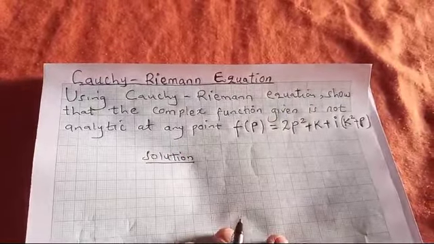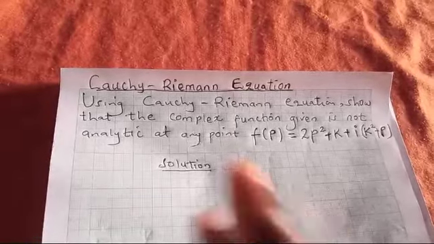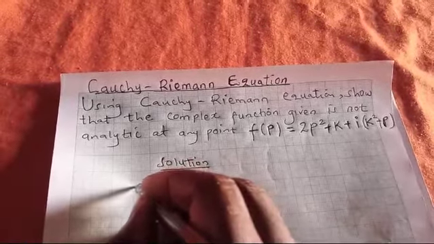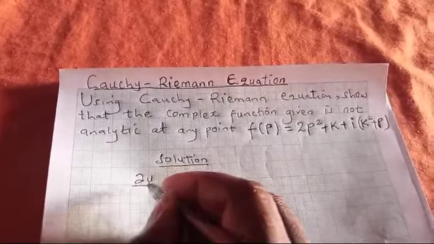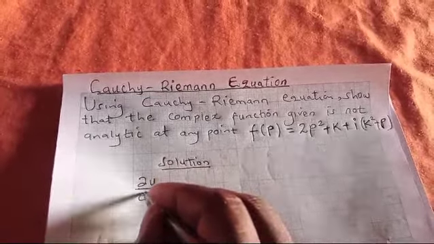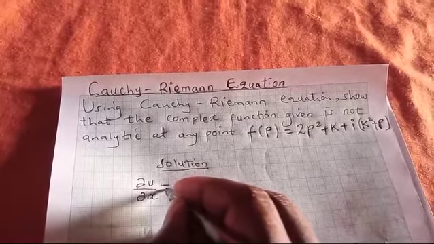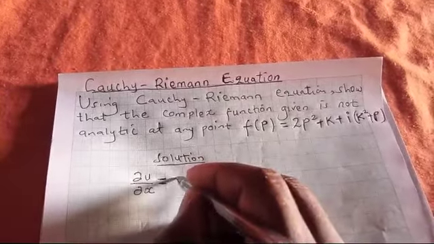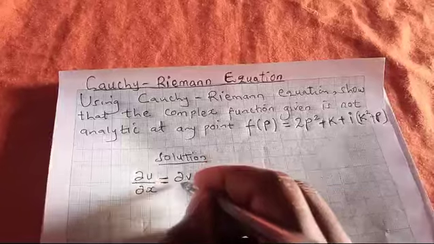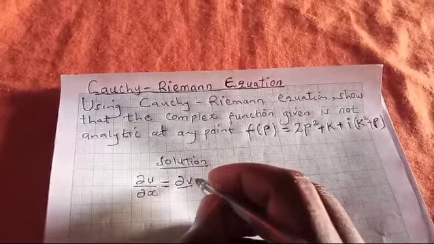We need to remember that the Cauchy-Riemann equation says that when you find the derivative of u, let's say this is the first function, with respect to x, this one should give you the same thing as when you find the derivative of another function v with respect to y.